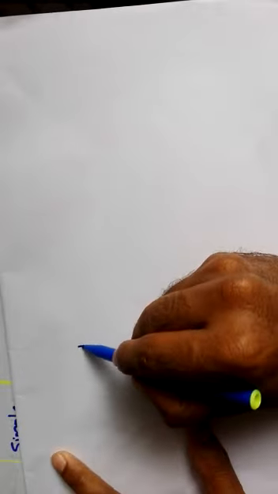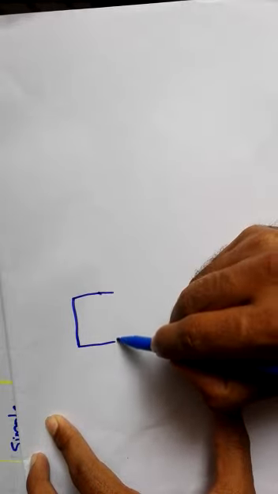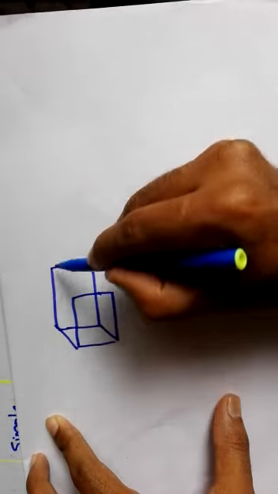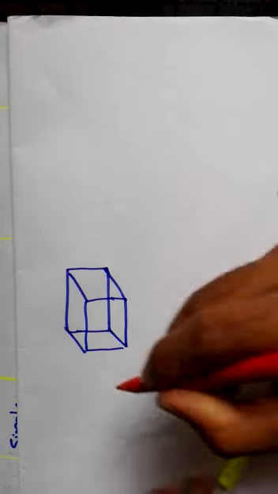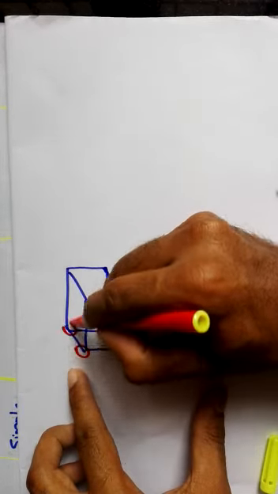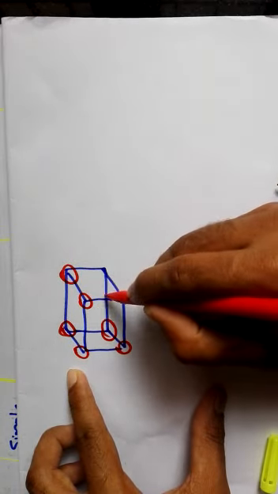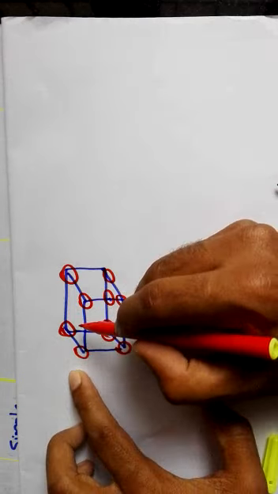Now I will show you what this is. Suppose you have a simple cubic unit cell like this. Your lattice points are here, only at the corners.